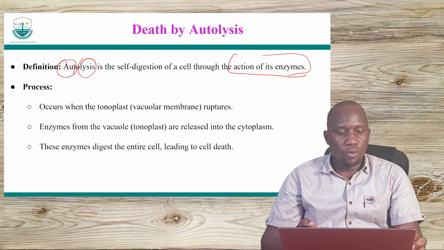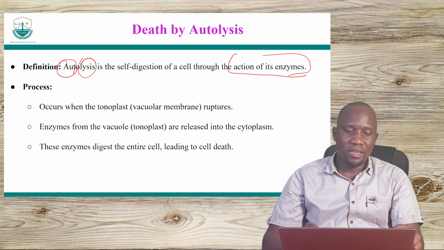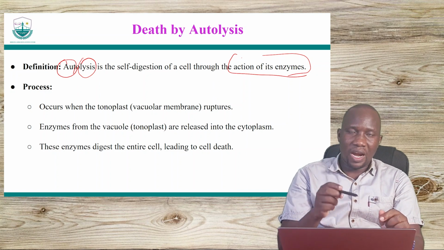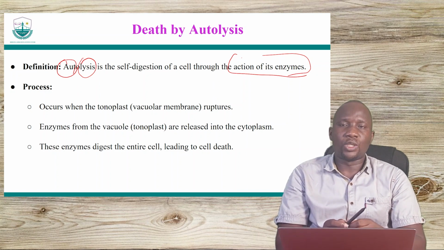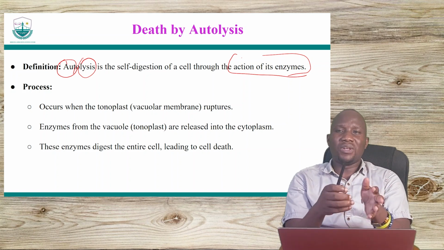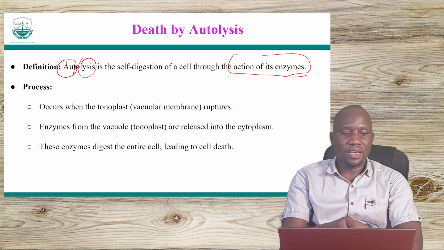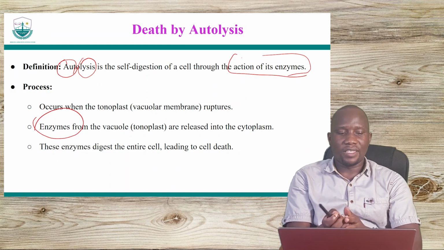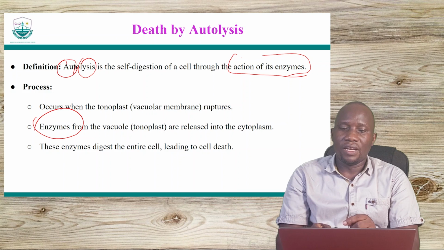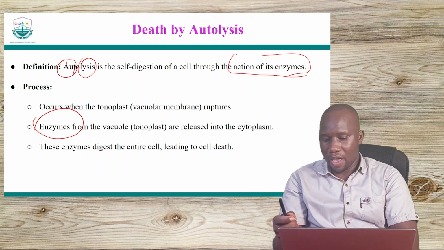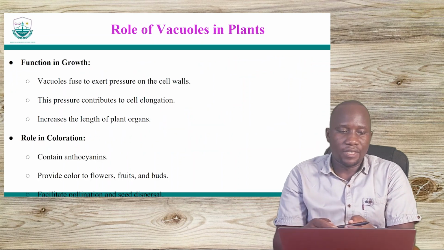So how does it happen? The membrane around the vacuole ruptures, and when it ruptures, it releases enzymes that can digest the entire cell, leading it to die.